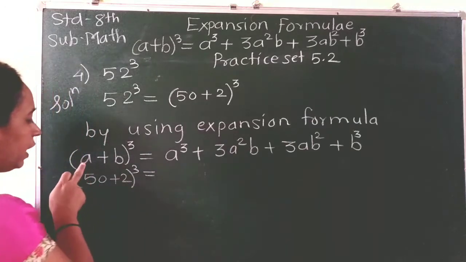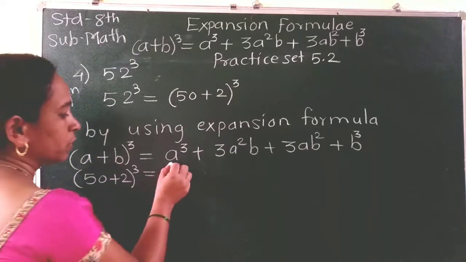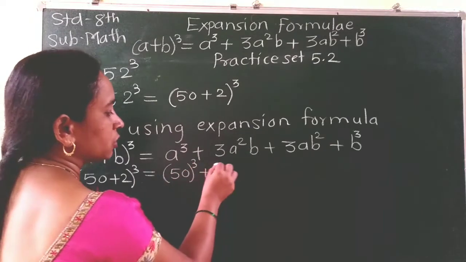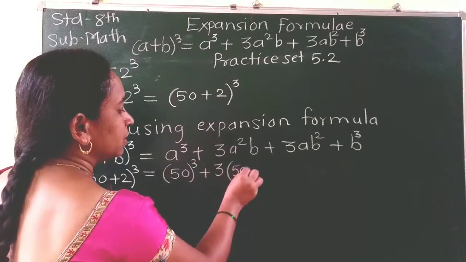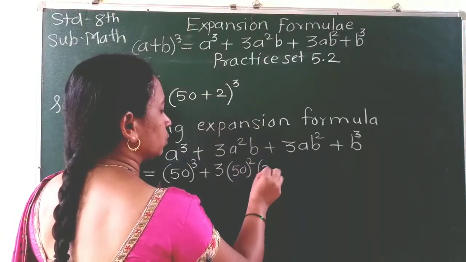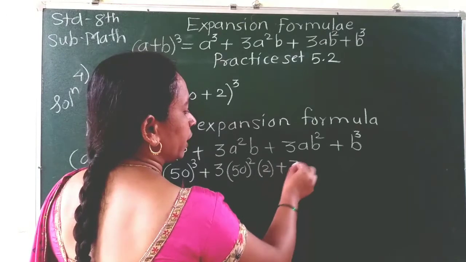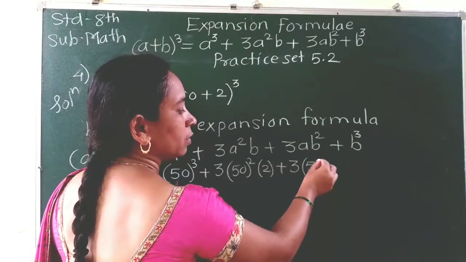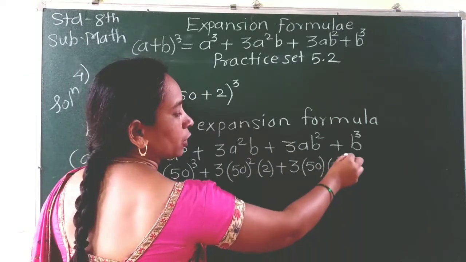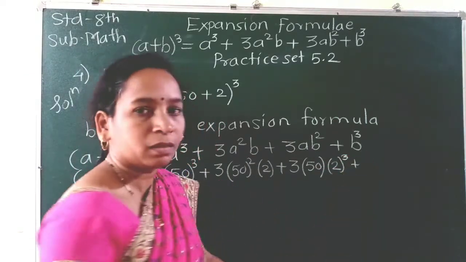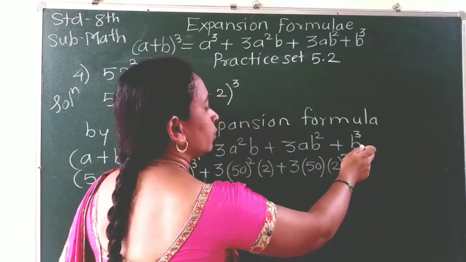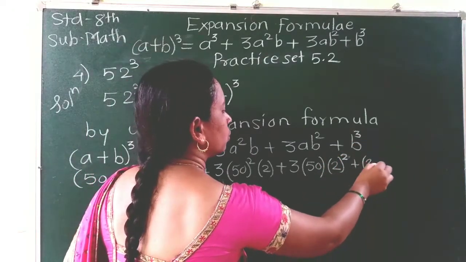Here a is 50, b is 2. So a cube is 50 cube, plus 3 into 50 square into b, b's value is 2, plus 3 into a's value 50, b's value is 2, so 2 square, plus b cube, it is 2 cube.